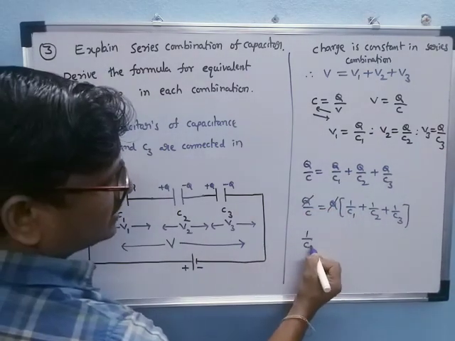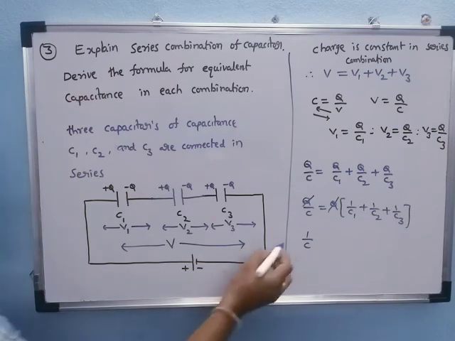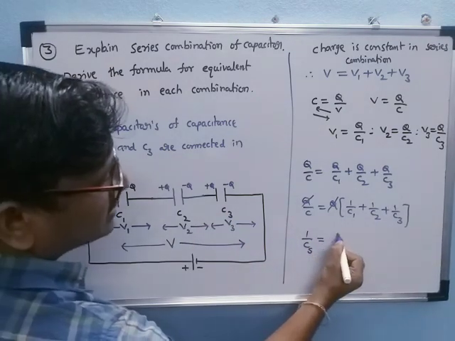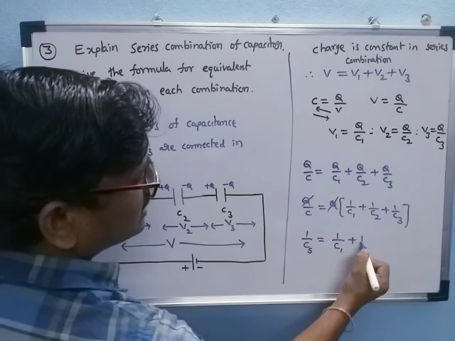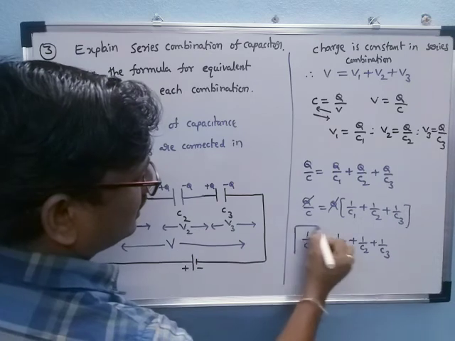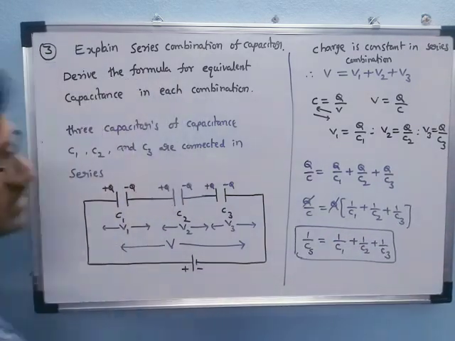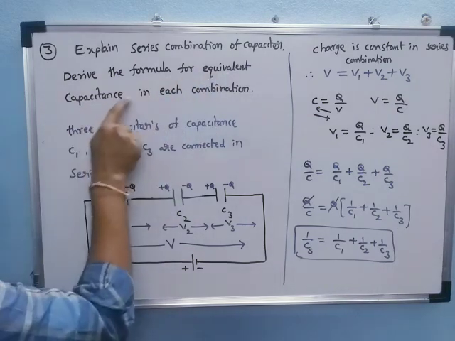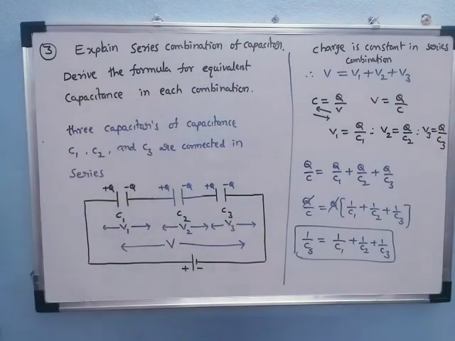Here 1 by C is the effective capacitance in series combination. So 1 by Cs is equal to 1 by C1 plus 1 by C2 plus 1 by C3. This is the formula for the effective or equivalent capacitance in series combination.